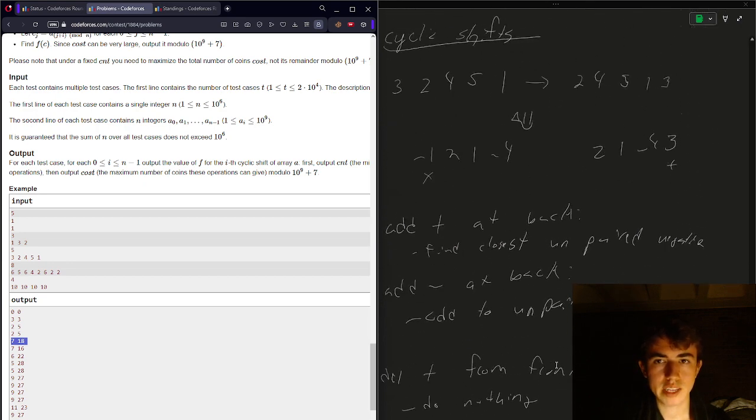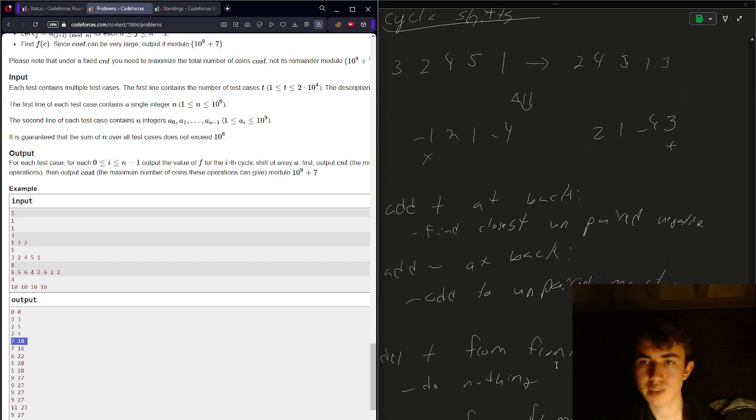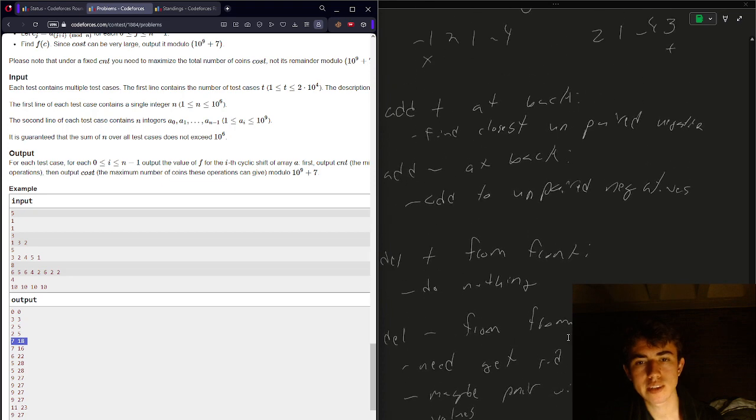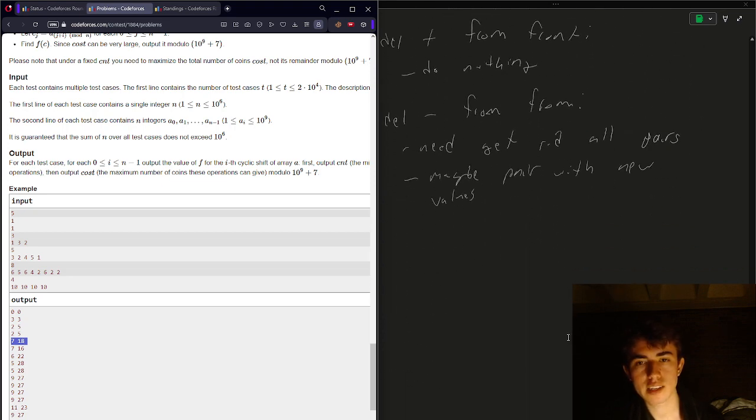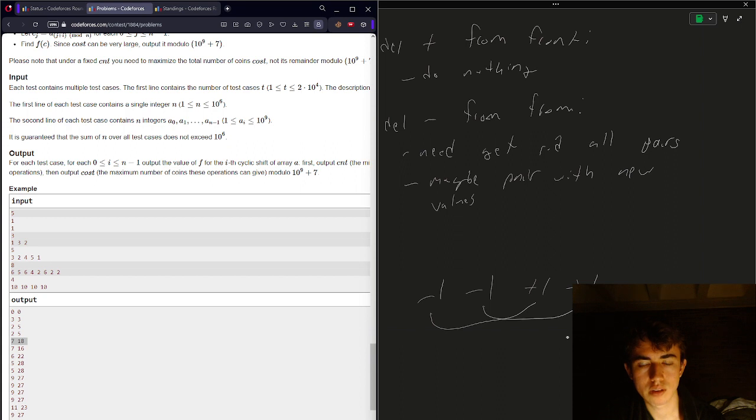So, I guess processing, just going in order of shifting one element at a time, a cyclic shift, seems quite hard, right? Because if you have like -1, plus 1, plus 1, right? The problem is, right now this is paired with this, and this is paired with this. Wait, is that even true? That's not even how it should be. Shoot. Should be like this, right?